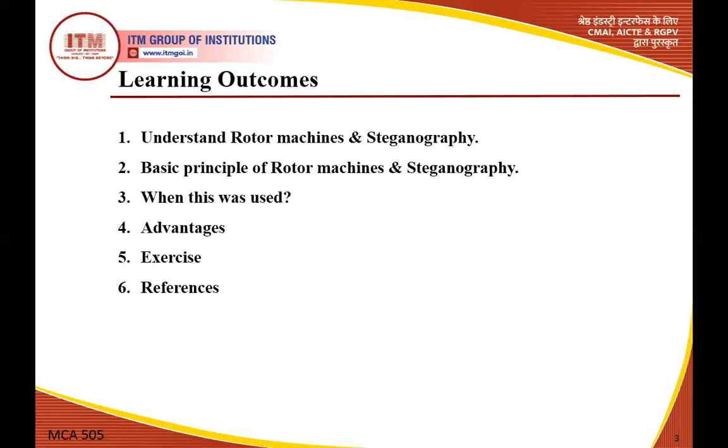After completion of this lecture, you can understand very well what is rotor machine and what is steganography, what the basic principles used in both techniques are, when and where they were used, what the advantages are, exercise and references. Okay, so let's start.